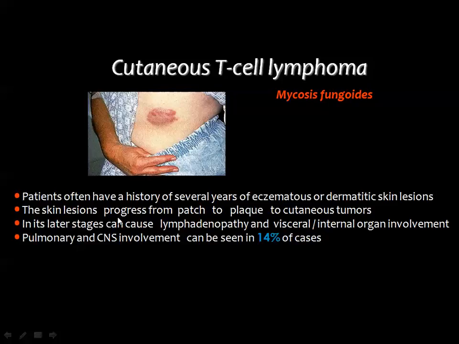The skin lesion may progress to a patch or plaque or even a skin swelling, and in the later stages, it may be associated with lymphadenopathy and visceral or internal organ involvement. Pulmonary and the CNS involvement can be seen in 14% of cases with cutaneous lymphoma.